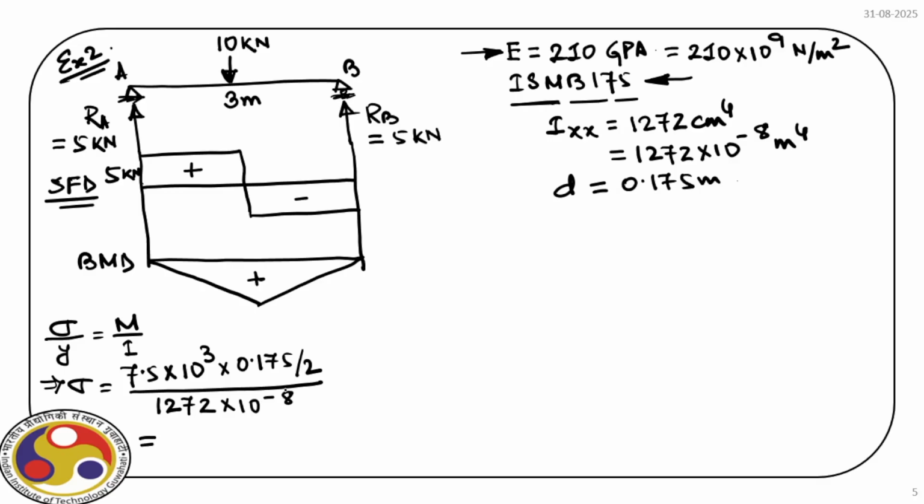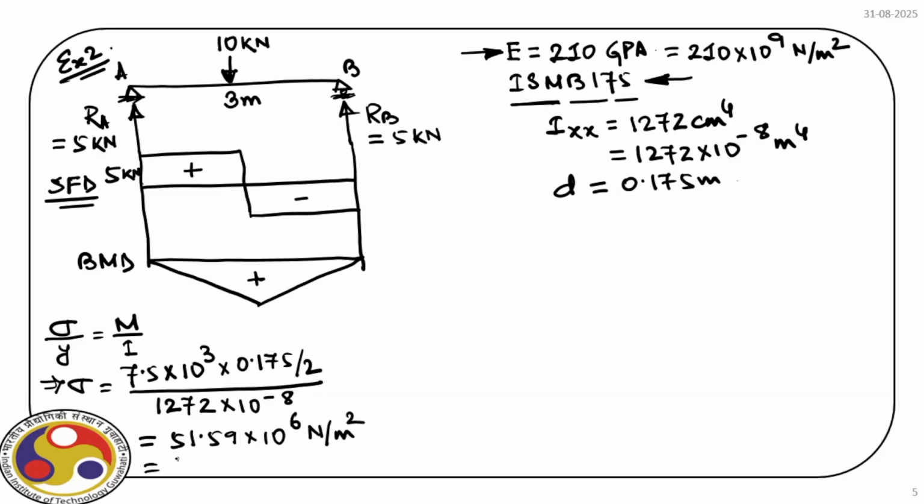And if you solve this, you get 51.59 into 10 to the power 6 Newton per meter square.